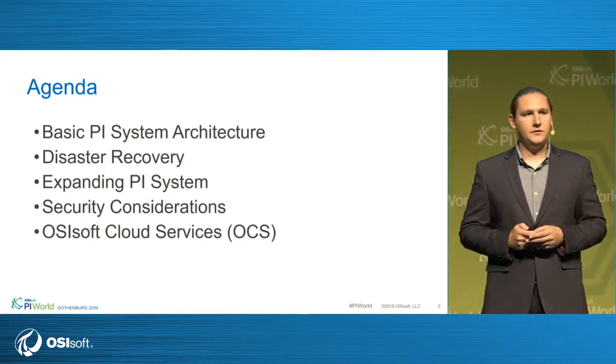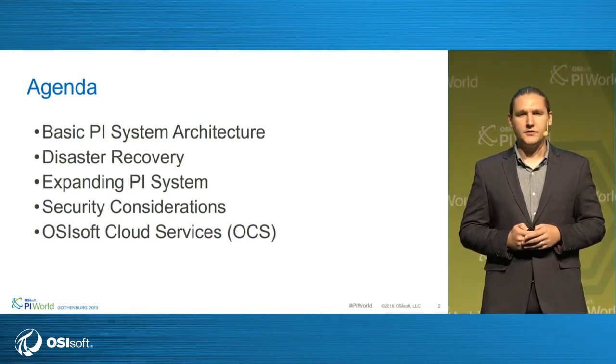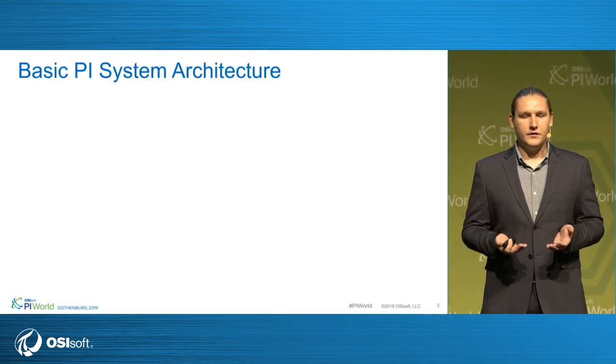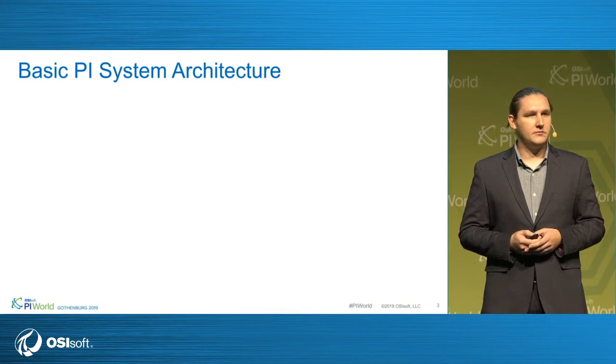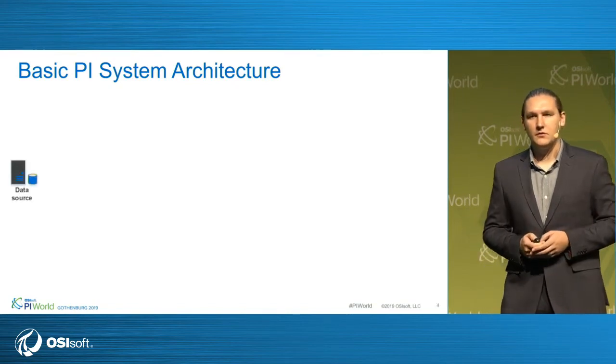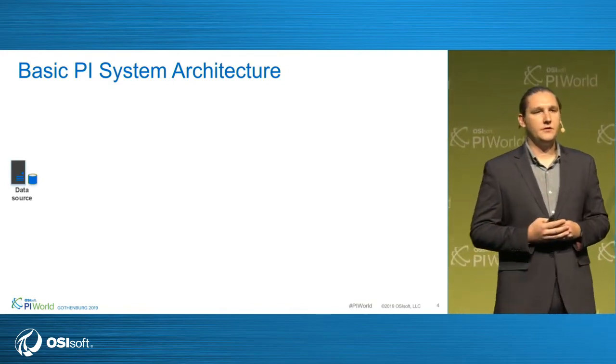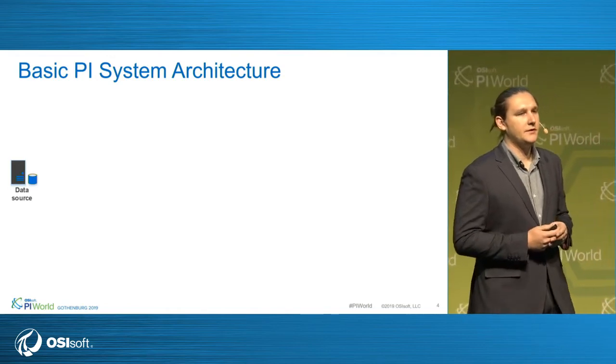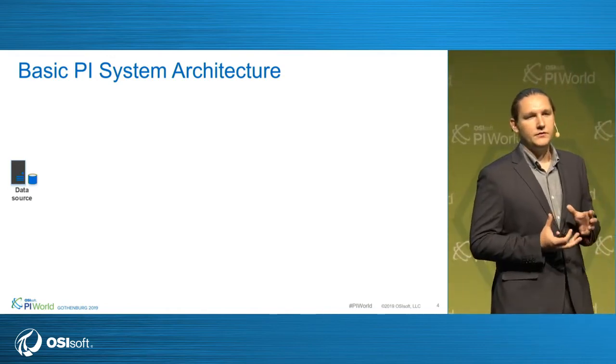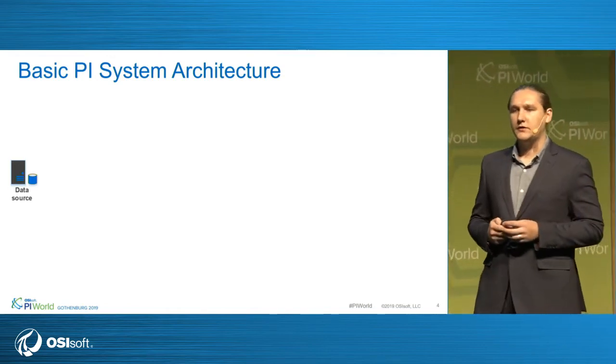Okay, let's start from really basics. Imagine you need to create PI system architecture. What are the first steps? Of course, we need to understand what is our data source. It can be an OSIsoft server, it can be a relational database, some kind of text files, SCADA system. Then we need to collect data from our data sources.